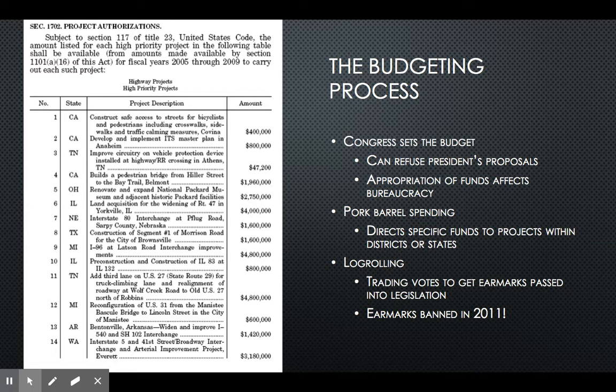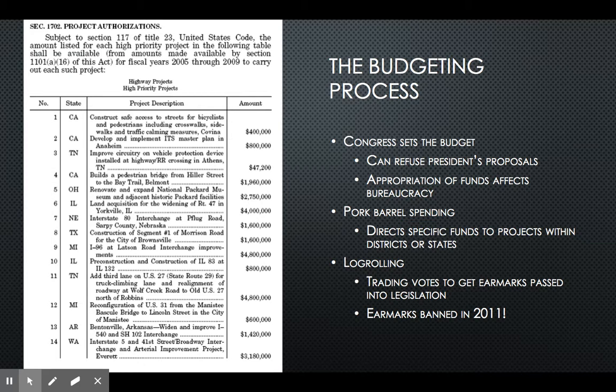So federal dollars are spent every year on construction projects, highway repair, new bridges, national museums, parks, university research grants, and so on and so forth. So members of Congress are going to want to try to send those federal dollars back to the district they're representing. And some people will call this bringing home the bacon. So that's where this name pork barrel spending comes from.